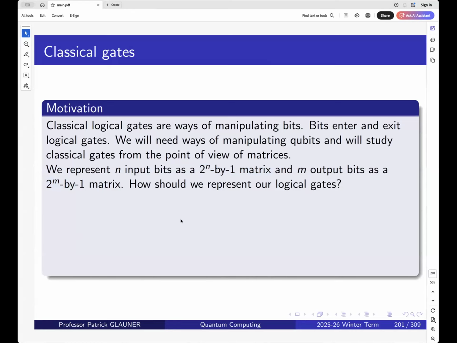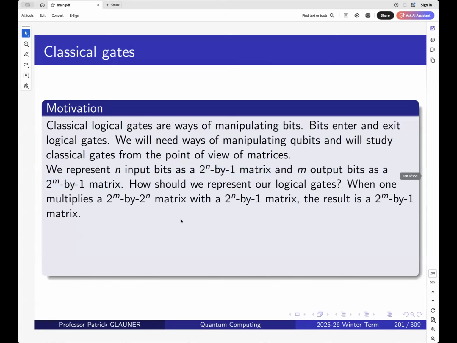But this is how I describe the inputs and the outputs, and with which matrix can I represent the actual logical gate. It turns out when we multiply a 2 to the power of m by 2 to the power of n matrix with our 2 to the n by 1 matrix or vector, then what we get is a 2 to the m by 1 matrix. So this is my input, which I multiply from the right with my matrix, and I will get that output because I wanted n inputs and m outputs.